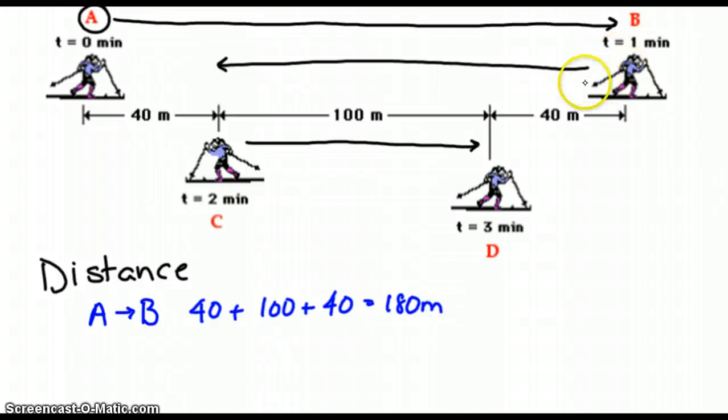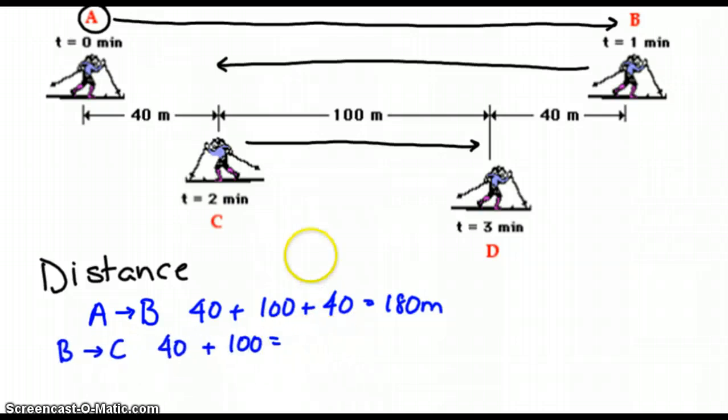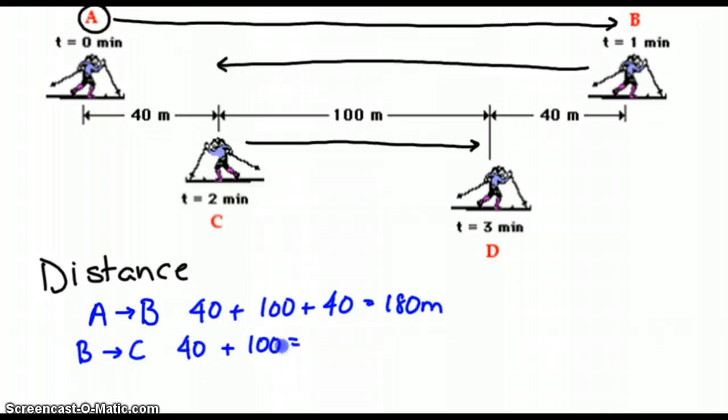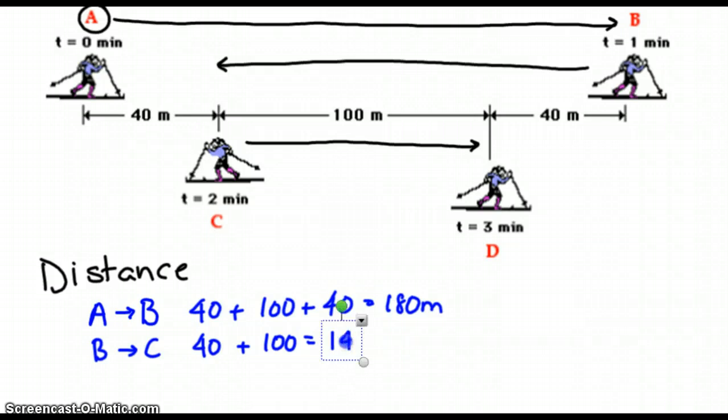Then from B to C, he covers 2 of these little segments. He covers a 40-meter segment at the beginning, and then he covers a 100-meter segment. So I'll add those 2 together to find the total distance from B to C. So 40 plus 100 is 140 meters.